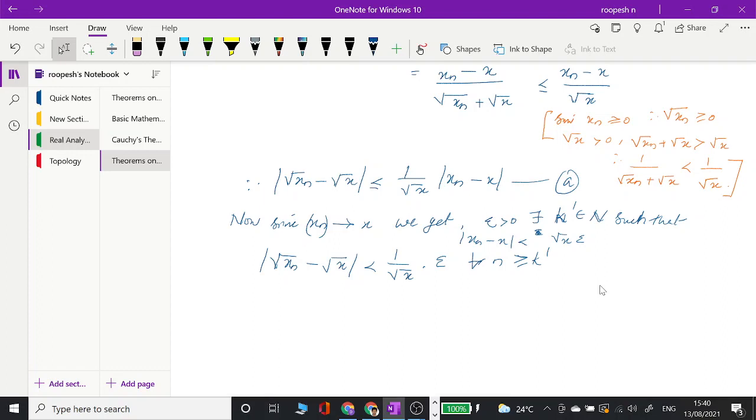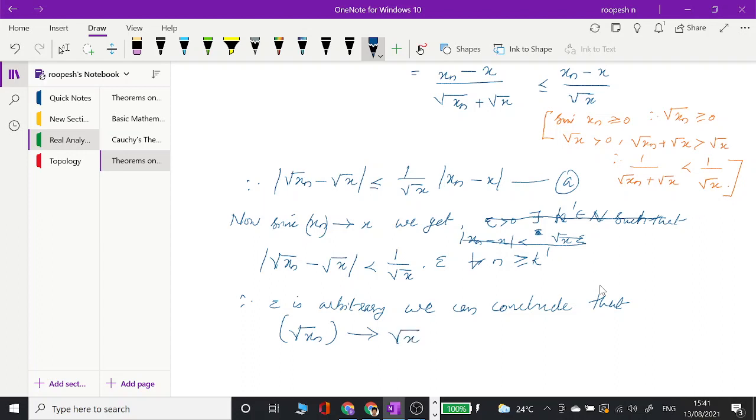If you need, we can have it like this, but there is no need here, since epsilon is arbitrary. We can conclude that the sequence square root of xn converges to square root of x. So we have proved that one.